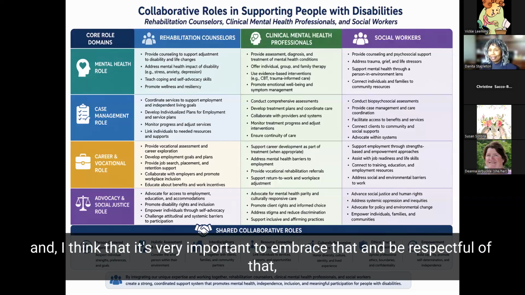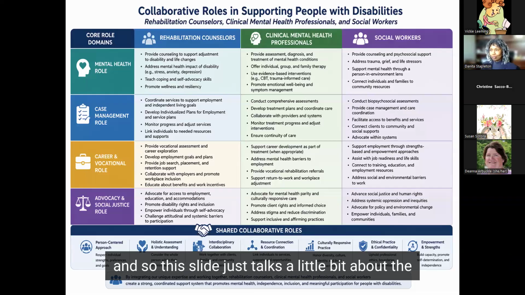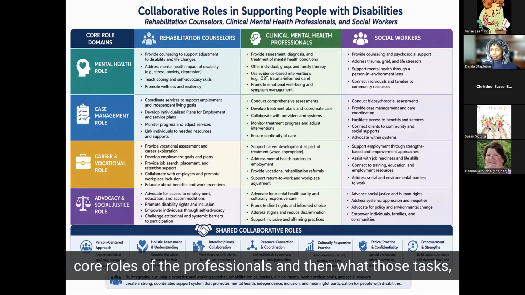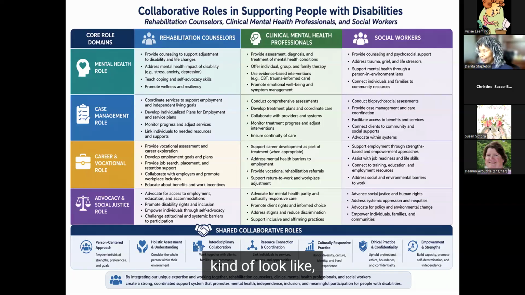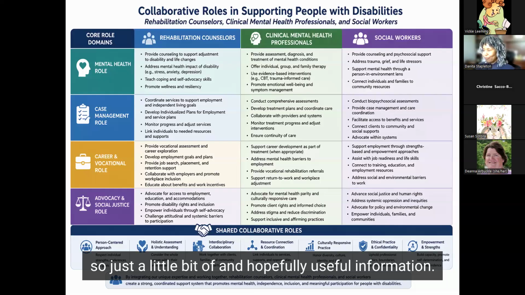And I think that it's very important to embrace that and be respectful of that. And so this slide just talks a little bit about the core roles of the professionals and what those tasks kind of look like. So just a little bit of hopefully useful information.